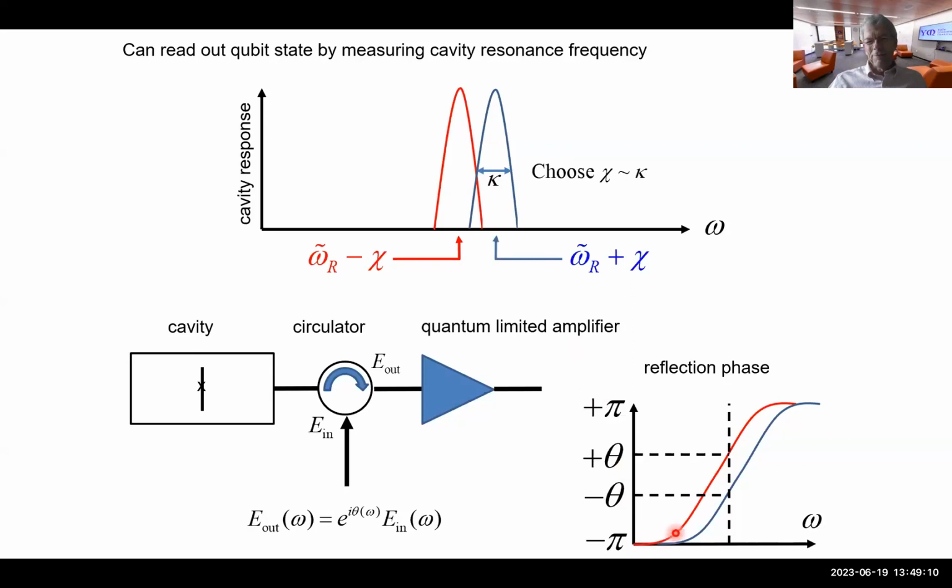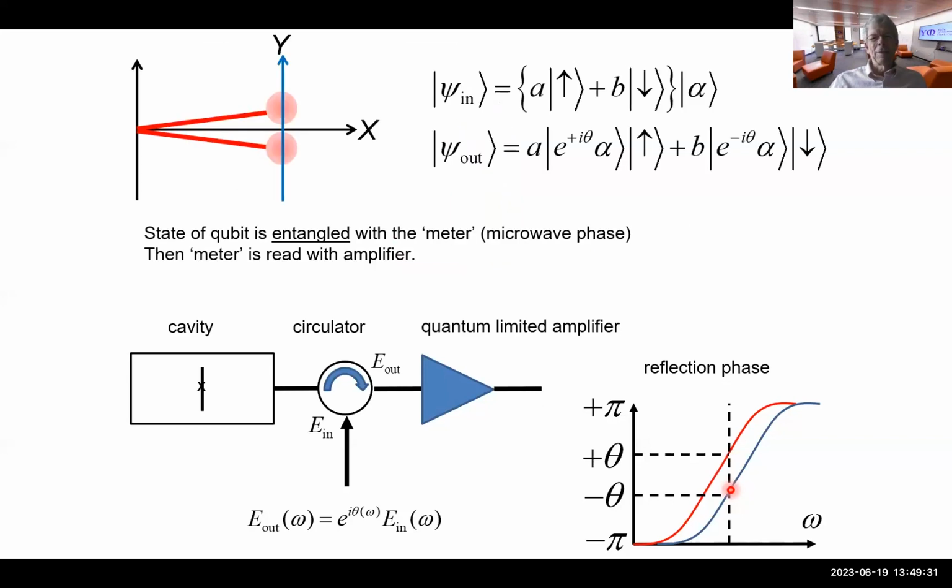And because their phase shifts very rapidly as a function of frequency, and because they have two slightly different resonance frequencies, you get very different phase shifts for the outcoming electric field relative to the incoming. And that phase shift depends on the state of the qubit.